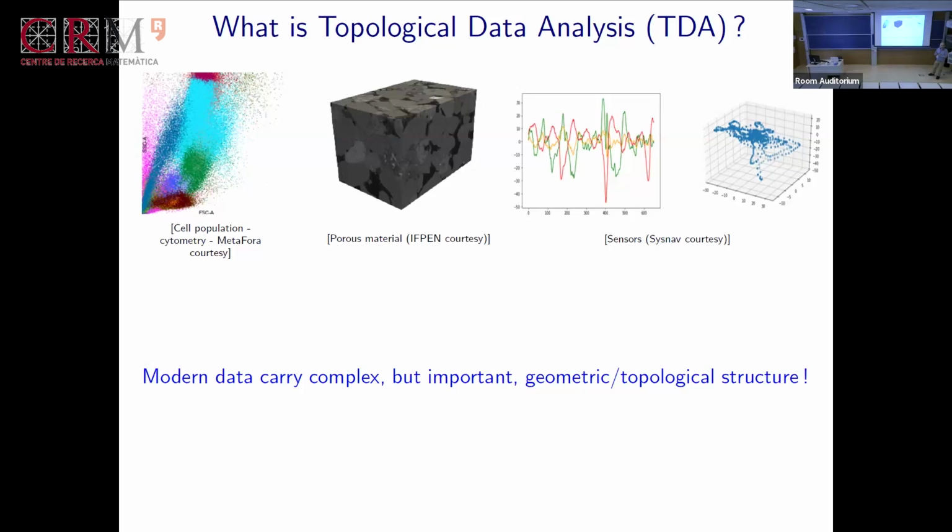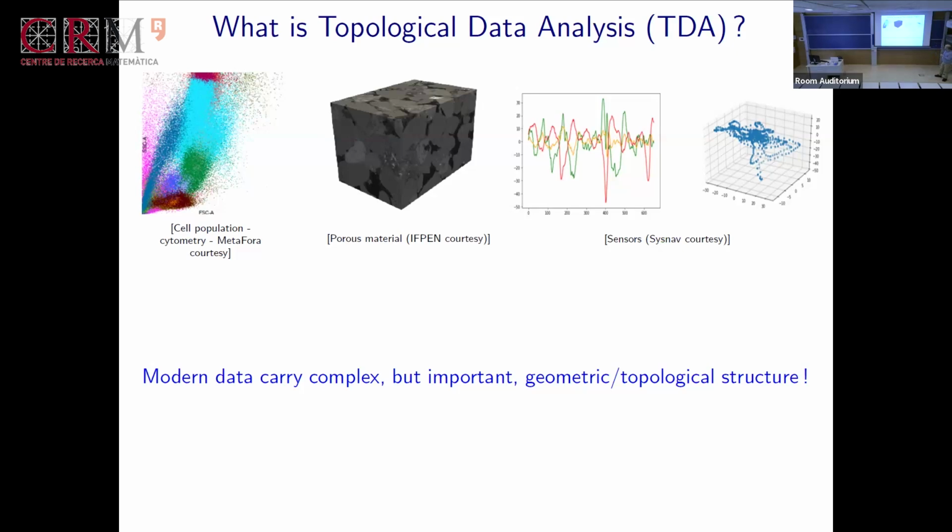Okay? So there are two cases. Some cases where you have a whole data set that is represented as a discrete set in some high-dimensional space or metric space, and you want to understand the global structure of your data set. And there are other cases where you have a data set and each data point is itself a complex object. Same idea here.